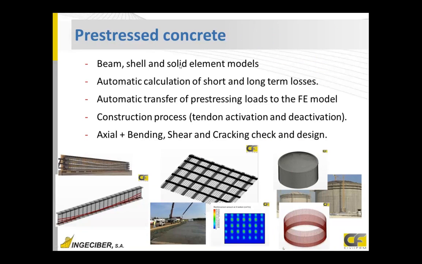For pre-stressing, the tendons can be defined with cable elements inside a model, but you can also use the pre-stressed concrete options, the equivalent loads that CivilFEM has. They work with beam, shell, and solid elements. CivilFEM automatically calculates short and long-term losses and applies equivalent forces. These equivalent forces can be applied considering any layout of the tendons inside beam, shell, or solid elements.